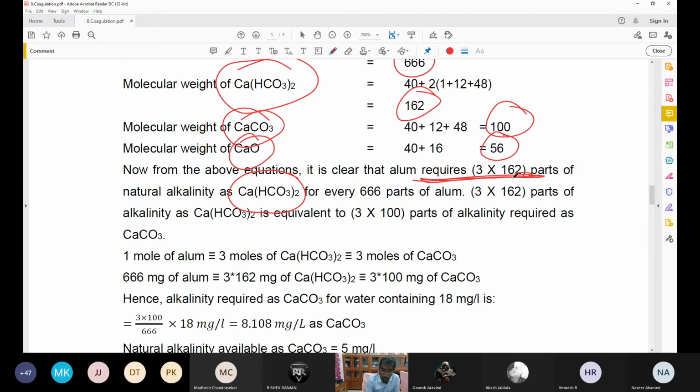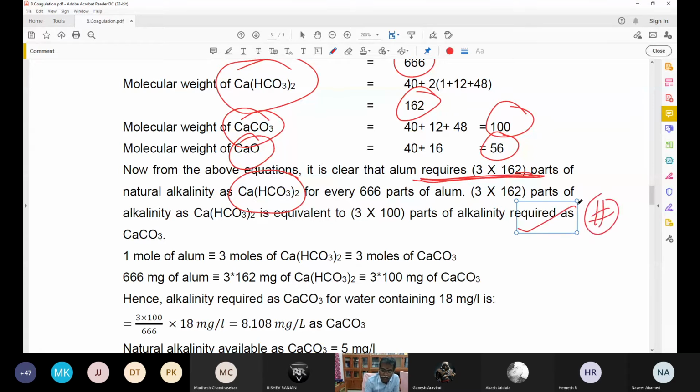It is clear that alum requires 3 into 162 parts of natural alkalinity as calcium bicarbonate for every part of alum, because 162 is the molecular weight of calcium bicarbonate, and this 3 into 162 parts of calcium bicarbonate is equivalent to 3 into 100 parts of alkalinity as calcium carbonate.